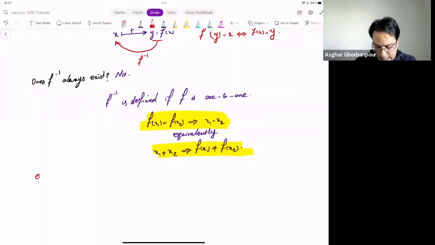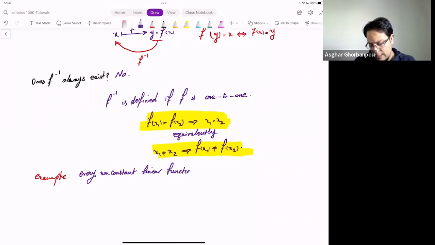For example, I can show you that every non-constant linear function is 1-to-1.